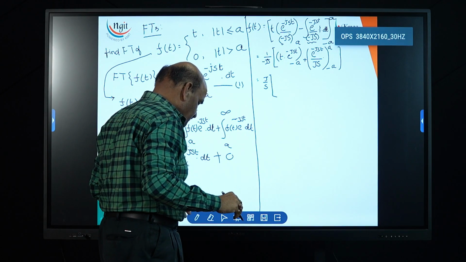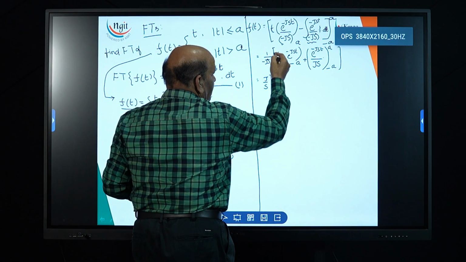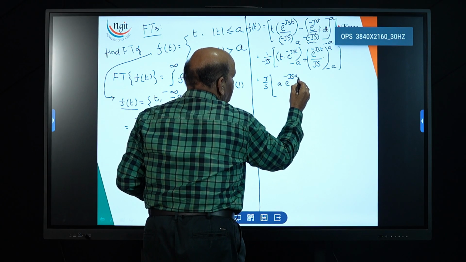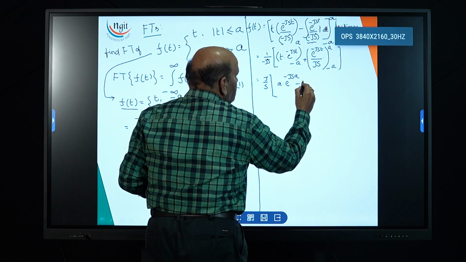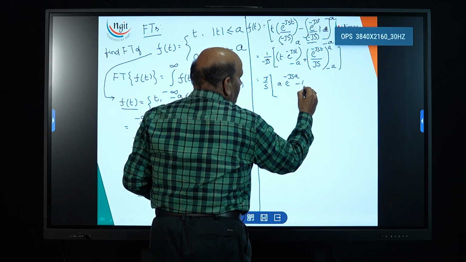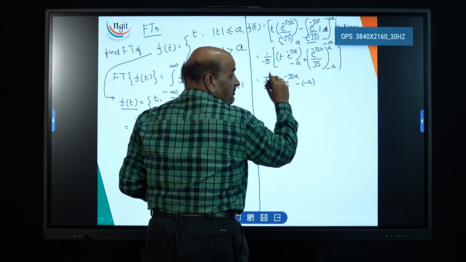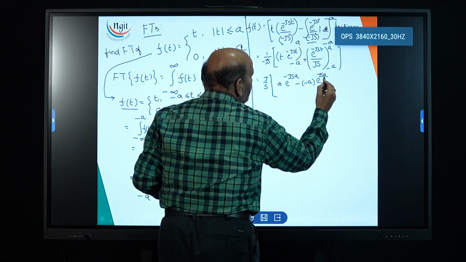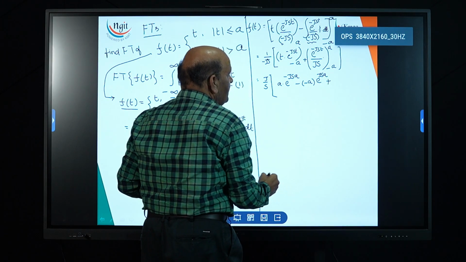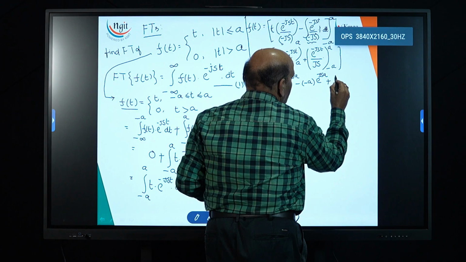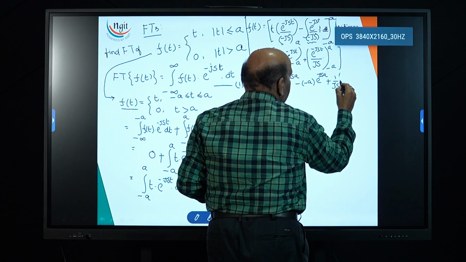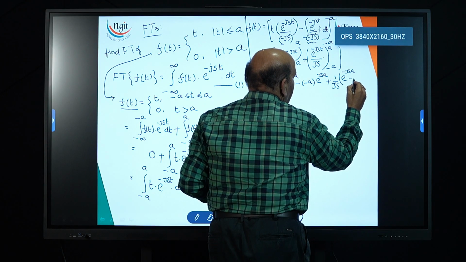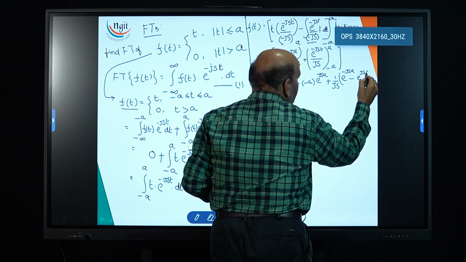Now put the upper limit a: e power minus jsa, minus a e power jsa. Next, plus, take 1 by js as common. This will become e power minus jsa minus e power jsa.